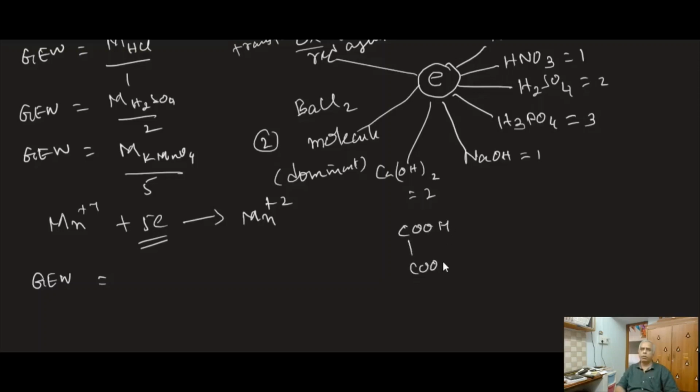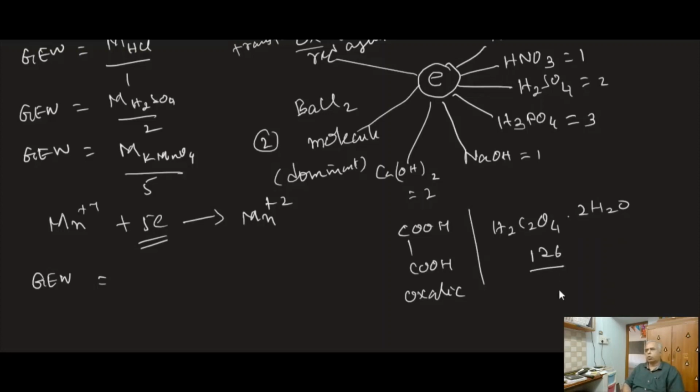Gram equivalent weight of oxalic acid. We can write oxalic acid as COOH, COOH, that is H2C2O4. Usually the laboratory reagent has 2 water molecules also, so you have to consider that: H2C2O4, 2H2O. When you calculate the molar mass, you have to include the dihydrate, the 2 water molecules also.